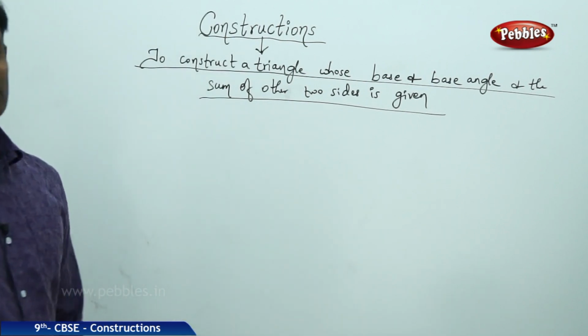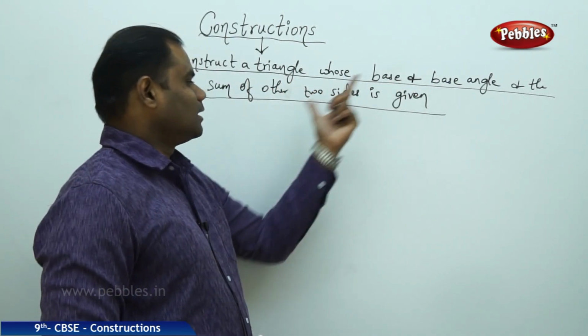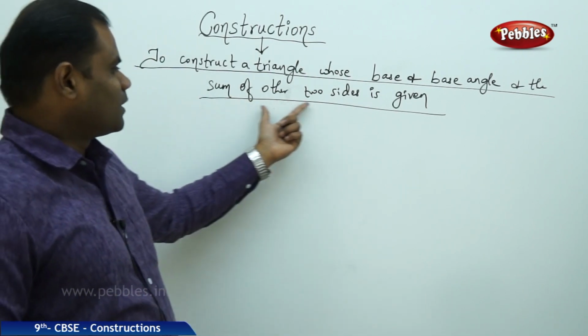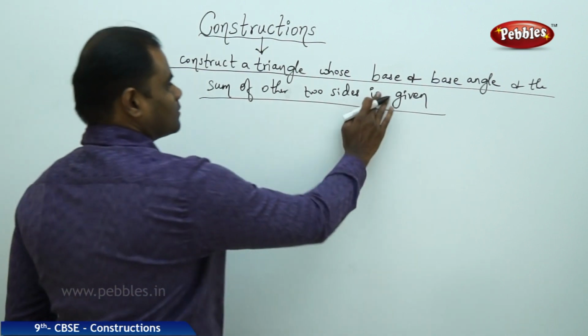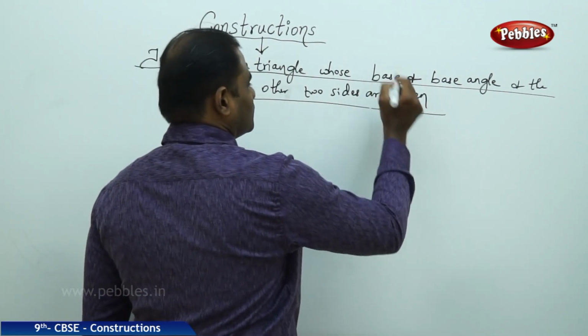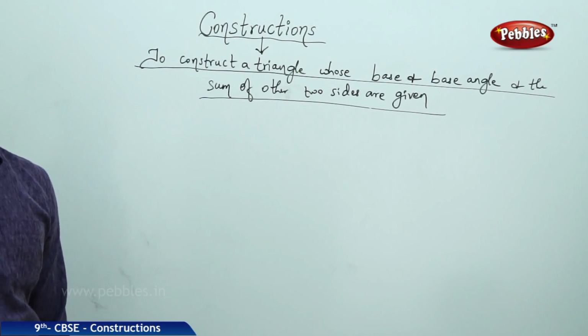So let's see how we can construct a triangle whose base and base angle are given and the sum of other two sides is given, all given in the process. So let's see this special case.